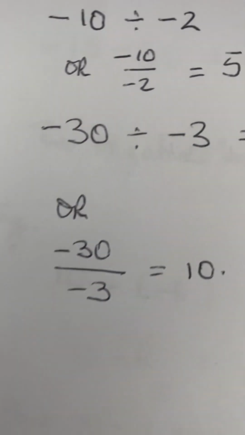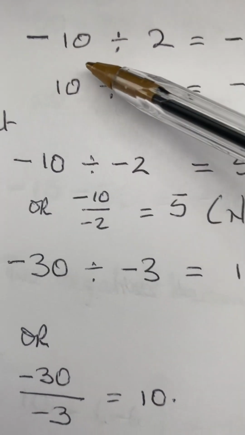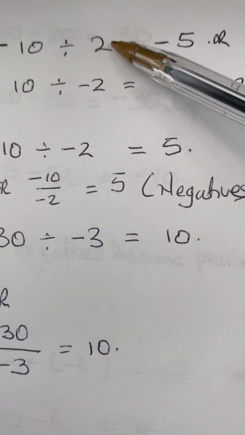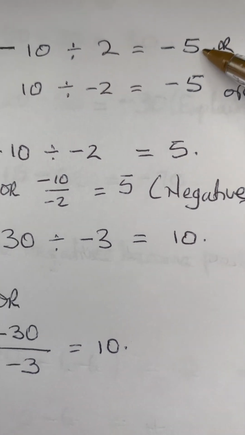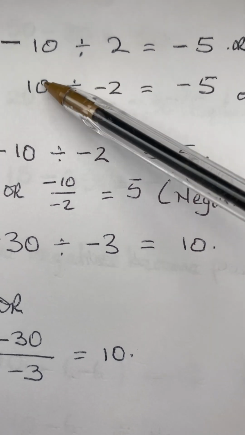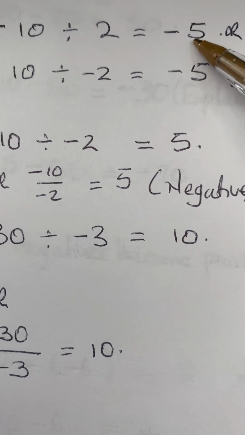Let's look at division. Division and multiplying are similar, so it's the same principle. So minus 10 divided by 2 will be minus 5. As long as it's only 1 minus sign, the answer will be minus.